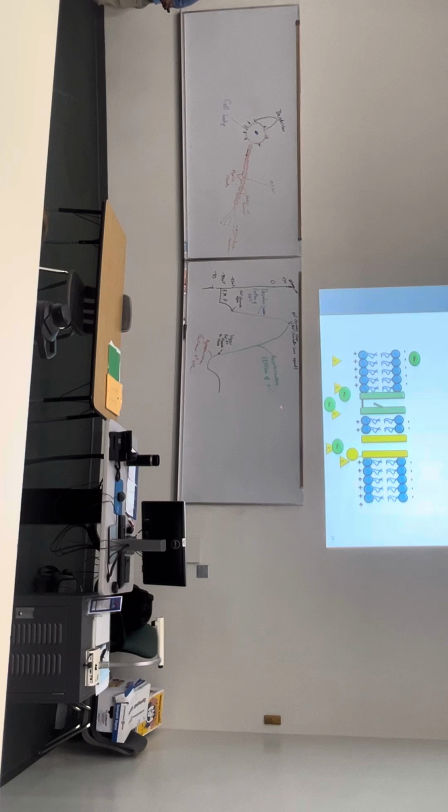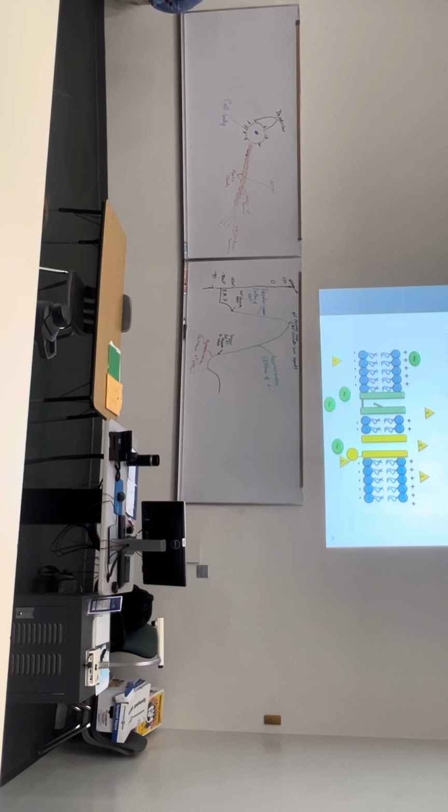This phase is called repolarization because we're getting back to that minus 70, that resting membrane potential. And then the trigger for them to close is minus 70, but it's slow to close.